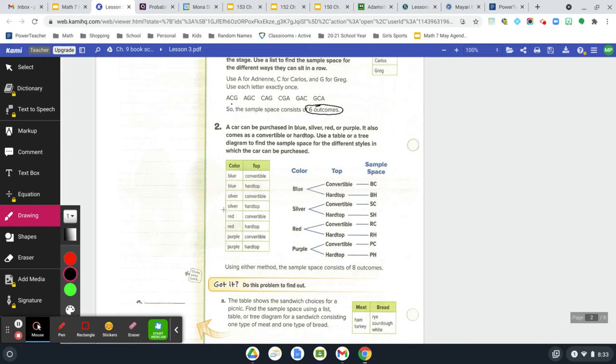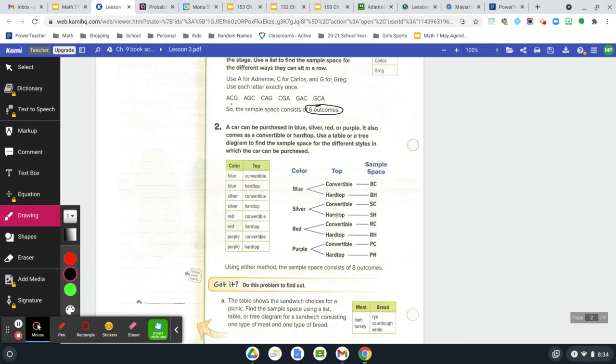In the table, you can see one possible outcome is you buy a blue car that's a convertible. Second outcome, you buy a blue car that has a hardtop. Third outcome, a silver car that's a convertible. Fourth outcome, a silver car that has a hardtop, and continue on down. That's a table, one way of representing it.